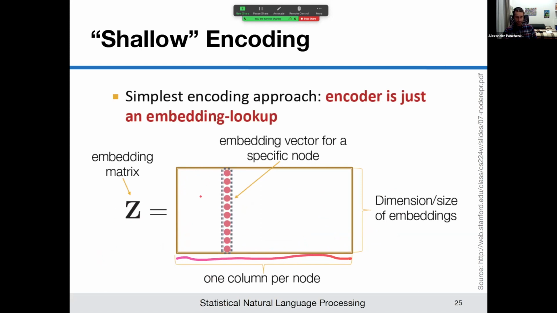It represents k, which as I said is something like 50 to 300, maybe a bit more, maybe a bit less. This k is usually much less than the size of the vocabulary.